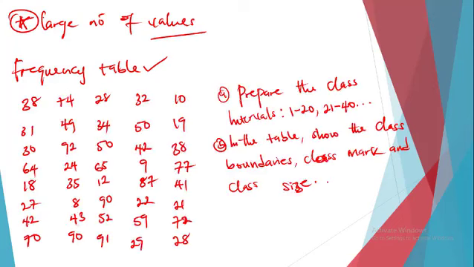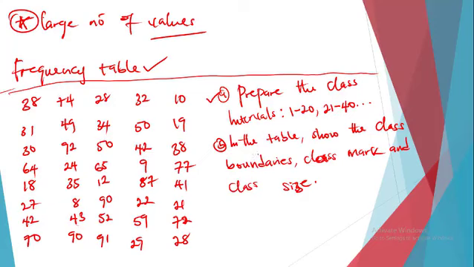We'll have a data here on the screen that we'll use in explaining the terms class mark, class interval, class boundaries, class size, and the rest of them. All these data are scored by 40 students in a class, and then we are asked to A, prepare the class intervals using 1 to 20, 21 to 40, and the rest of them.